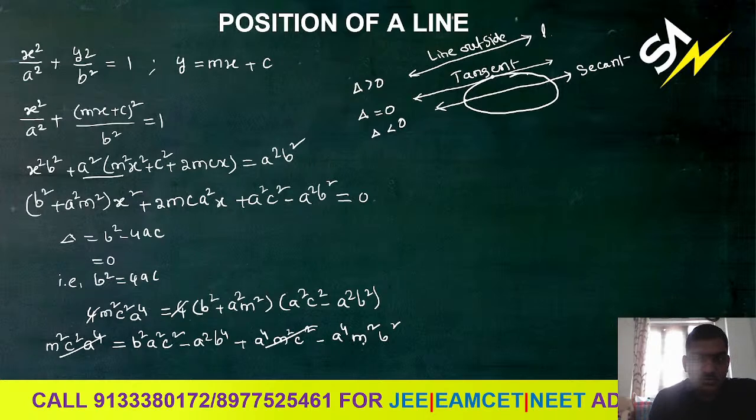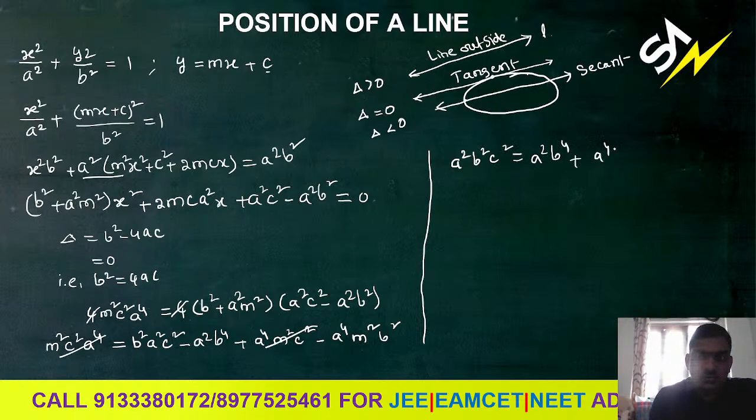So what is required actually for us? We require what is c. Then let us calculate the c value here by writing a square b square c square, which is equal to a square b to the power of 4 plus a power 4 b square m square.